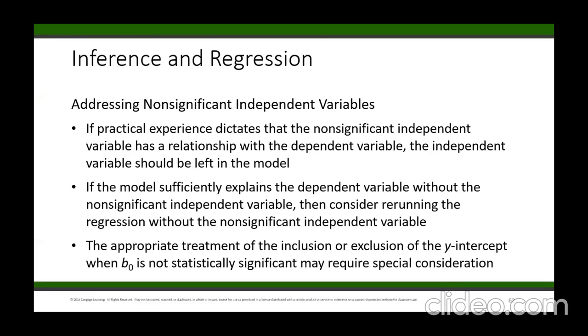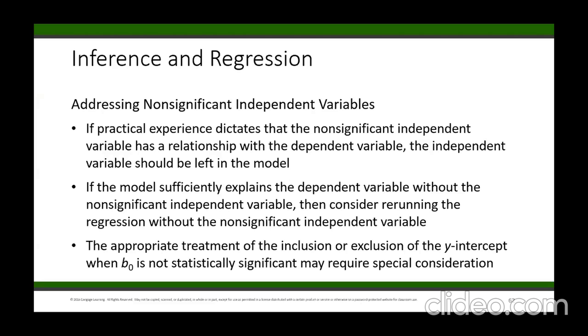A lot of the time, if you have no theoretical or practical reason why we should include the non-significant factor in the regression, we should remove the factor. If there's no theoretical reason, no practical reason, and it's not significant, the sample does not show a significant relationship, so we should remove that factor and run another model with other factors that are significant.